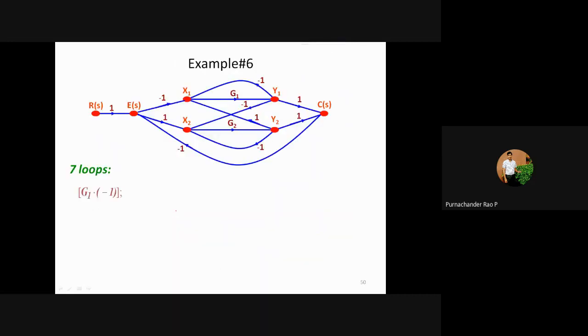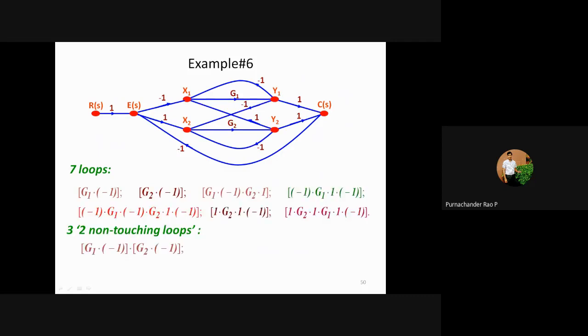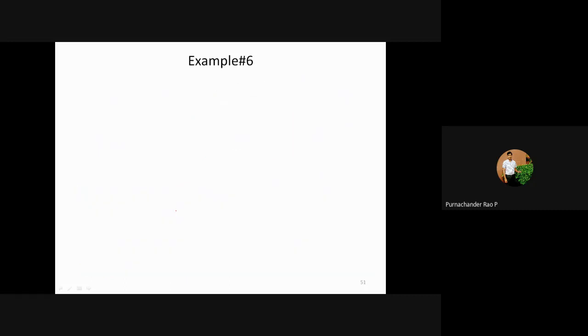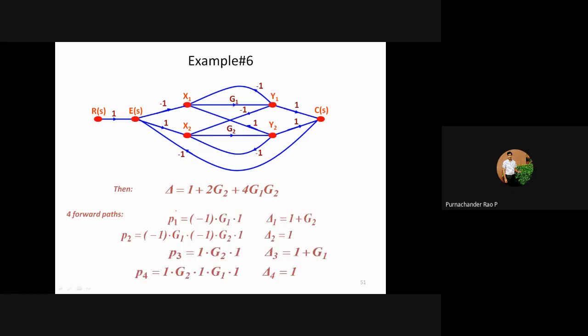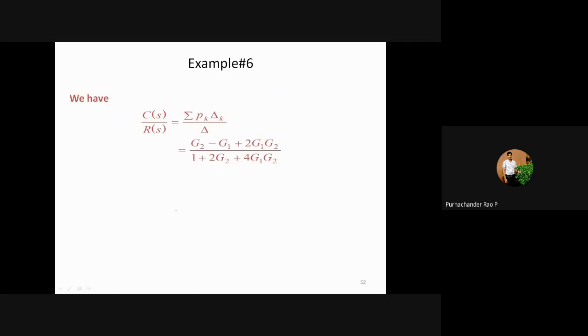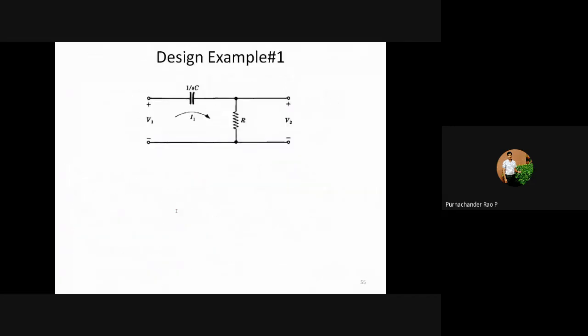For this, there are 7 loops. All the loops can be obtained, and 2 non-touching loops, so 4 forward paths. Then the transfer function.